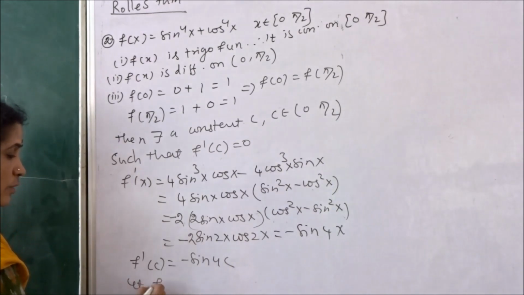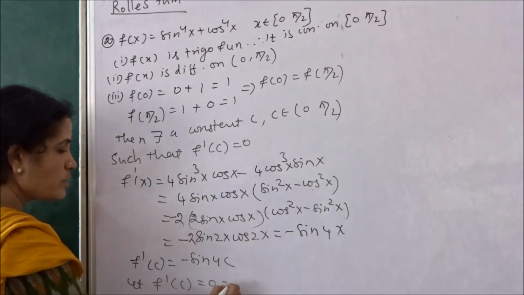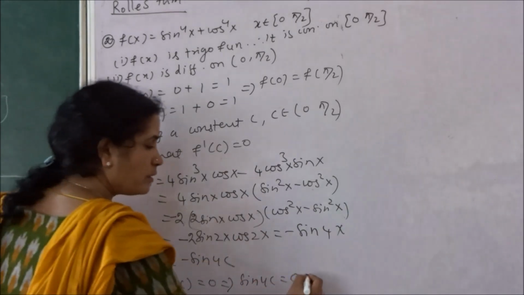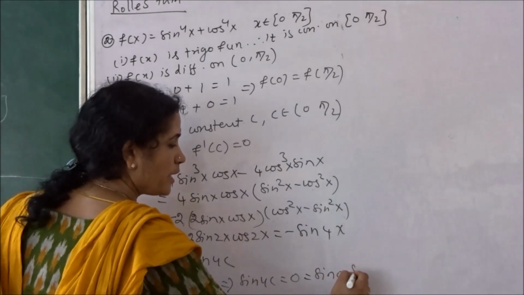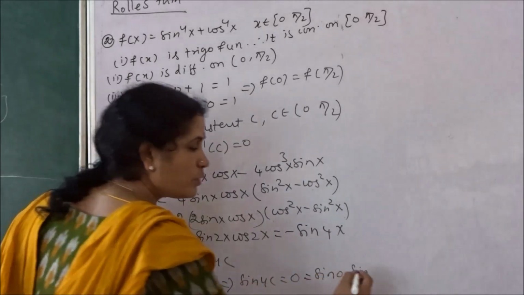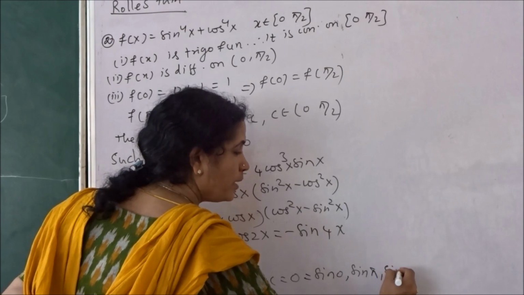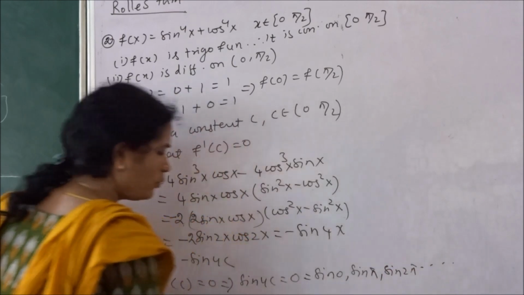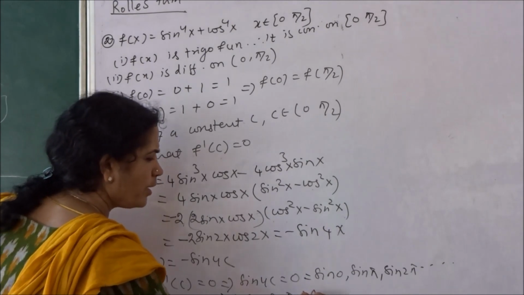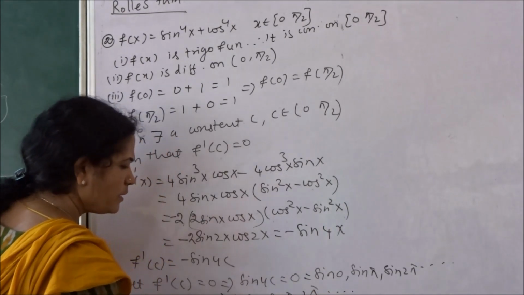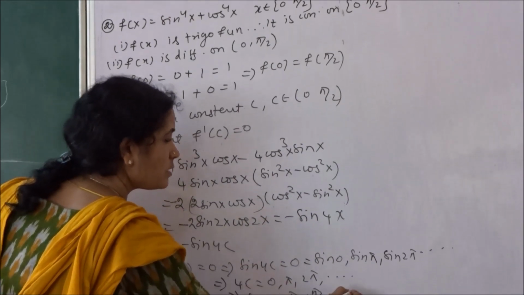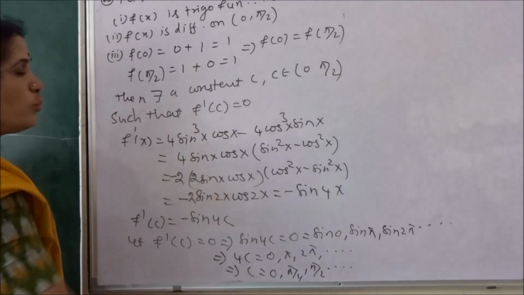Now let f dash of c be equal to 0. Am I correct? So this implies sin 4c is equal to 0. Sin is 0 at sin 0, sin pi, sin 2 pi, 3 pi, etc. Now this implies 4c is equal to 0, pi, 2 pi, etc. This implies c is equal to 0, pi by 4, pi by 2, etc. But what is the given interval? 0 to pi by 2.